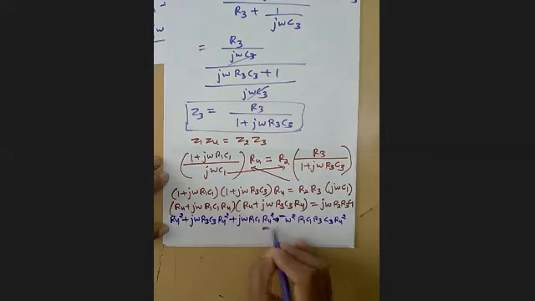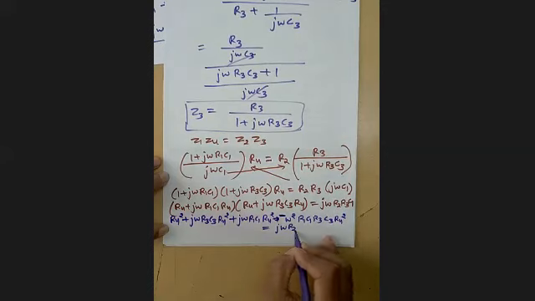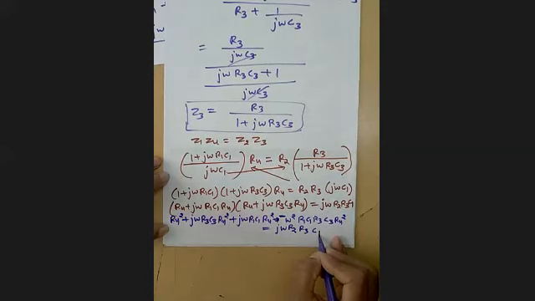This is equal to j omega R2 R3 C1. Is it okay? Is any term missing? Yes Sumit, Z3 is right.